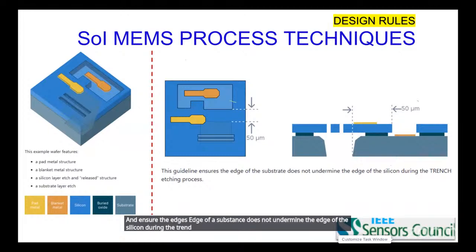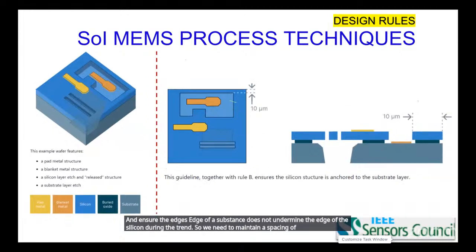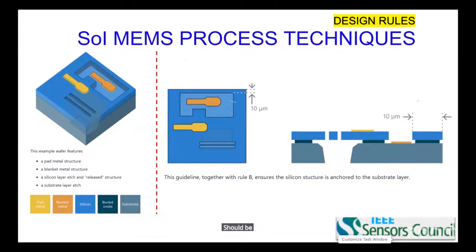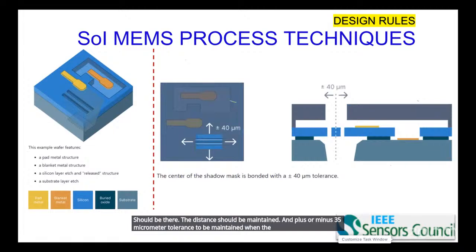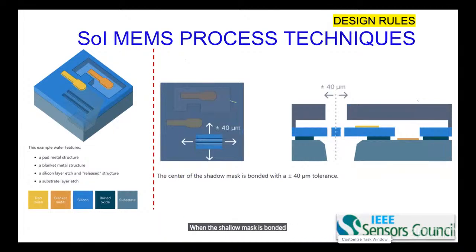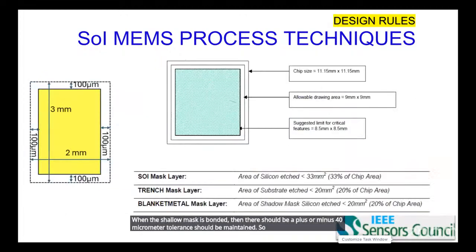So we need to maintain a spacing of 50 micrometers minimally, and there should be a 10 micrometer anchoring. Plus or minus 35 micrometer tolerance to be maintained when the blanket material is deposited. When the shallow mask is bonded, there should be a plus or minus 40 micrometer tolerance. So these are the rules which we have to follow.